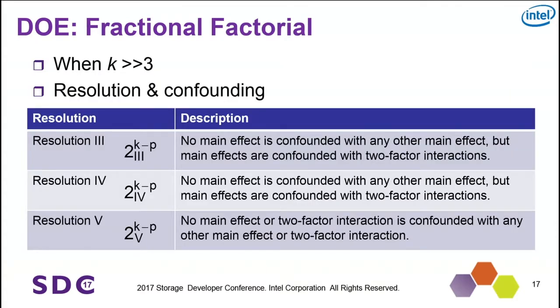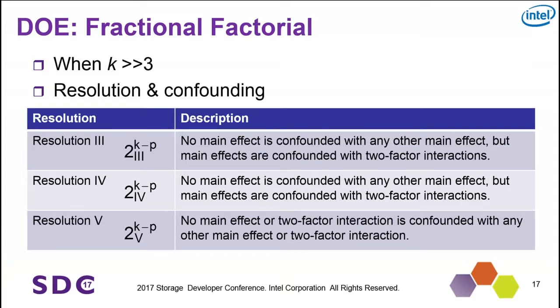So fractional factorial is what I used in the Ceph storage case study. Just now I mentioned that if you have 10 factors, you're going to do 2 to the power of 10 runs, which is not effective or efficient at all, right? So I use a fractional factorial.